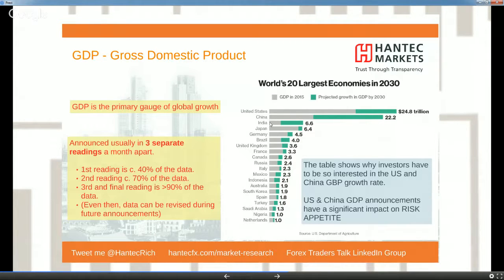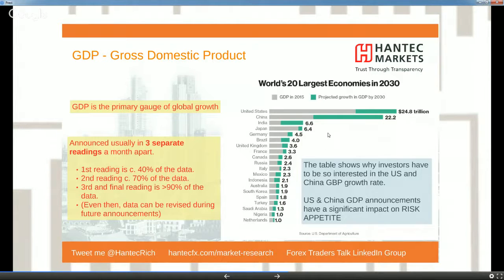You can even see India, which overtakes Japan as the third largest economy in terms of GDP. Brazil remains high. Brazil is increasing. Germany remains high. UK overtakes France, interestingly enough.